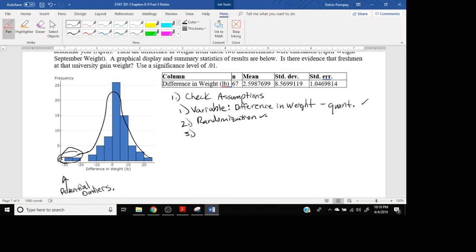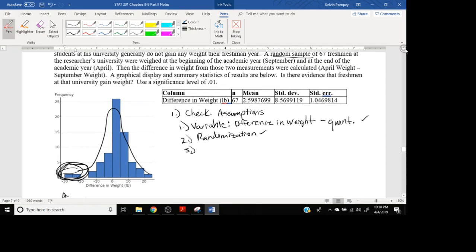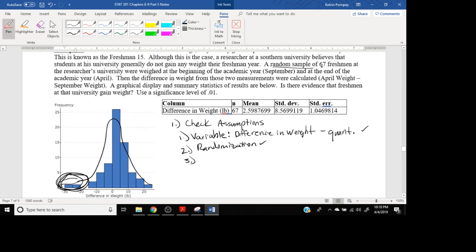Even if you don't believe that this is normally distributed, because there is a larger tail on this side, note that the sample size is 67, which means that our central limit theorem, which states that if we have a large sample size, then the sampling distribution of the sample mean is normally distributed, which means we have a bell-shaped distribution for our sampling distribution, right?